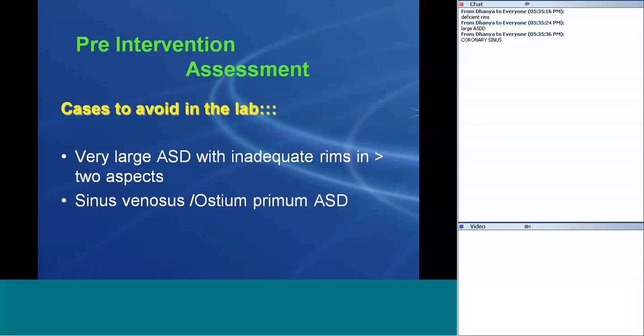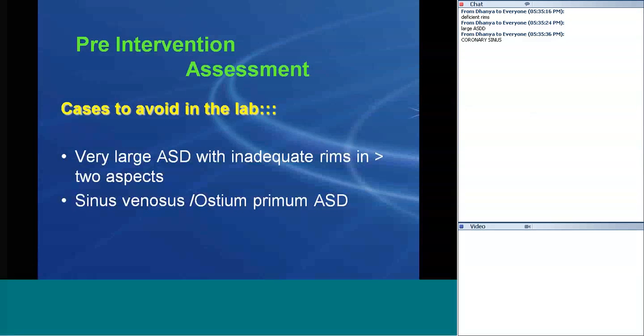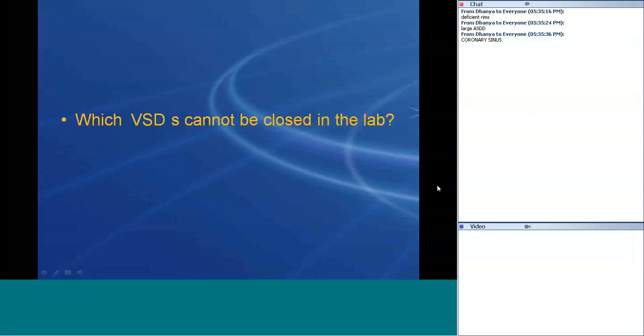Also very large ASDs with inadequate rims in more than 2 aspects. If 2 opposite rims are absent, like the anterior rim and the posterior rim, in the same patient, it is not prudent to close those ASDs in the cath lab. Sinus venosus ASDs and ostium primum ASDs also we should not try to close in the cath lab.